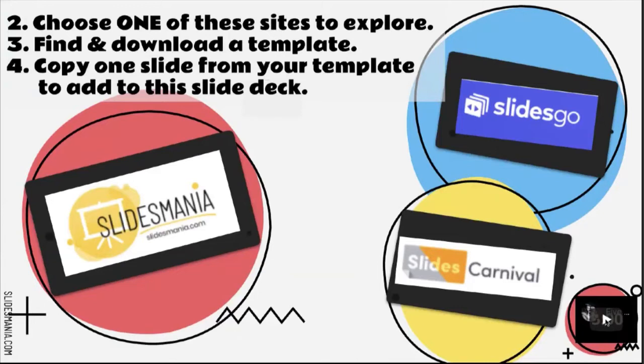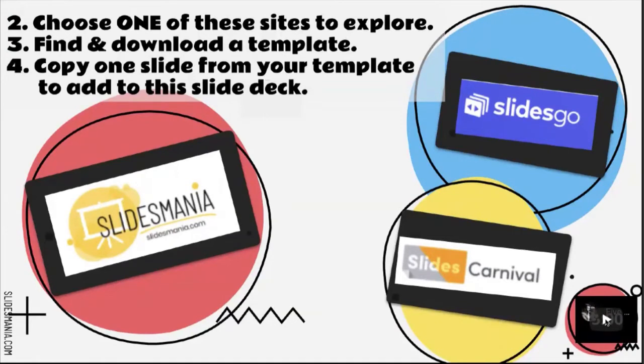When you find one that you like, just pick one. It doesn't have to be perfect or anything, but pick one. Then it will give you the option to download it either as a PowerPoint or as a slide. We're going to ask that you download one as a slide, and then right click on one of the slides that you like in that whole deck of slides, and add it after this slide.